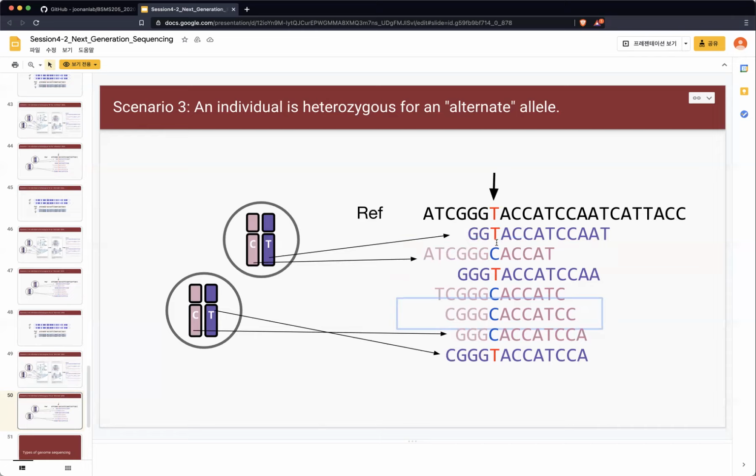So if you do 10 depth sequencing, that means you sequence this position at least 10 times, then in theory you have 5 T and 5 C, or 5 for allele 1 and 5 for allele 2. That's in theory, right? But in practice, it always deviates from the expectation.